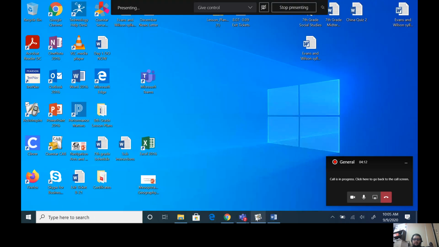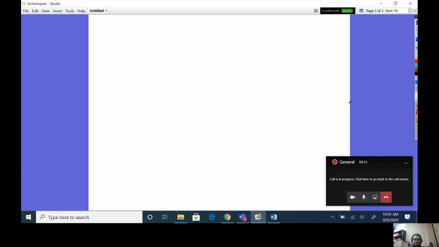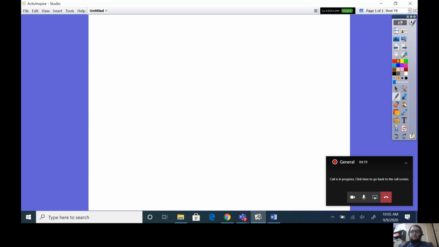So the next thing that I want to do is look at a timeline. So we're going to make our own timeline here. Put just a few dates on here just to show how this will work.